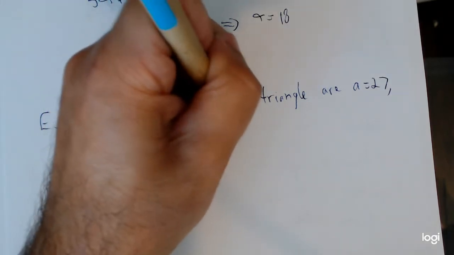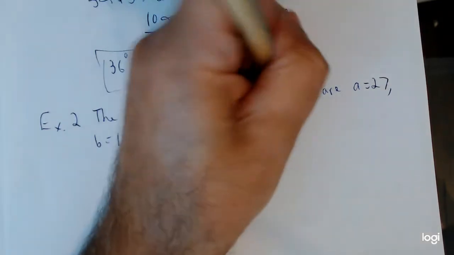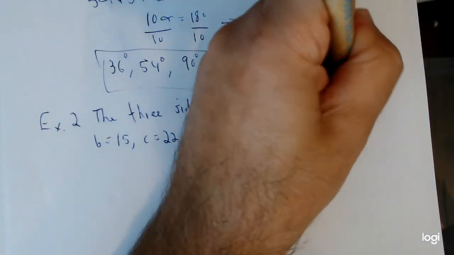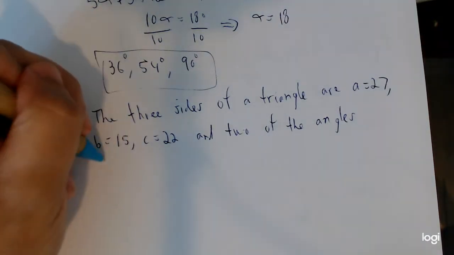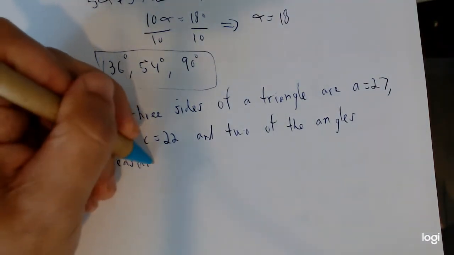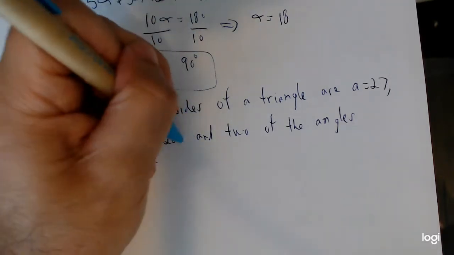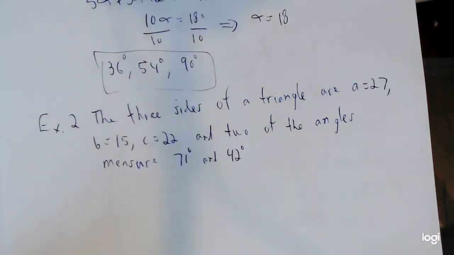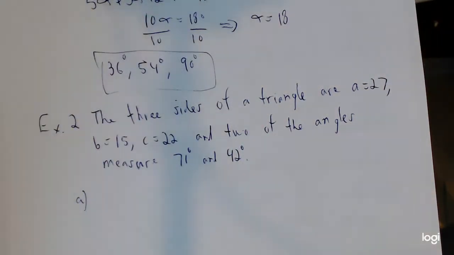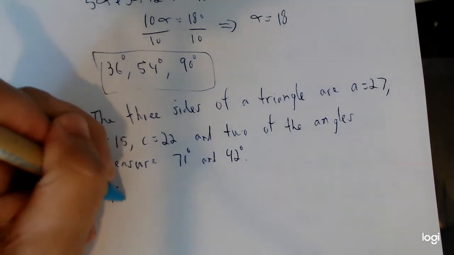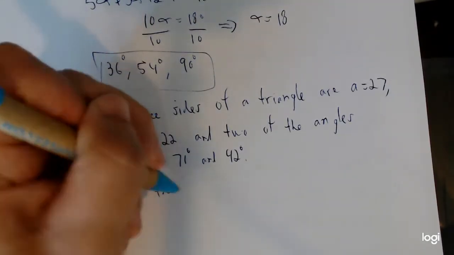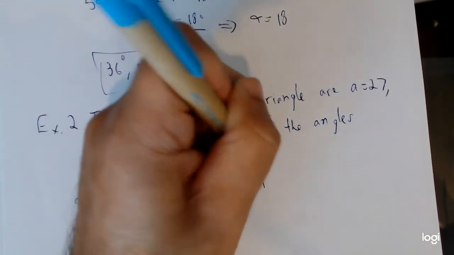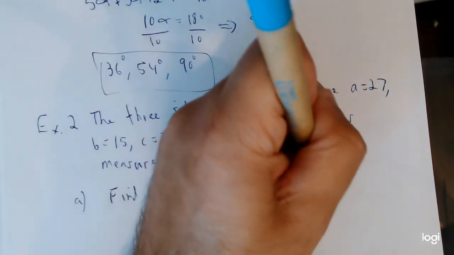And 2 of the angles measure 71 degrees and 42 degrees. Okay, so for part A, find the measure of the third angle.